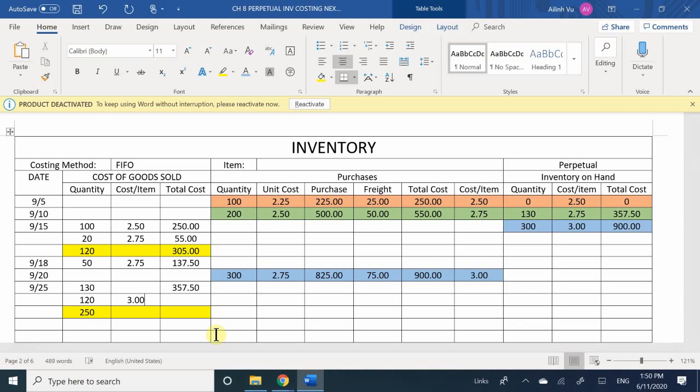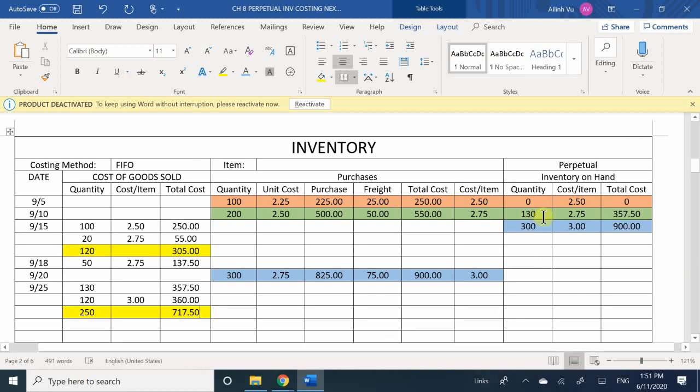And how much is 120? 360. Correct. Let's add these two up: 717.50.